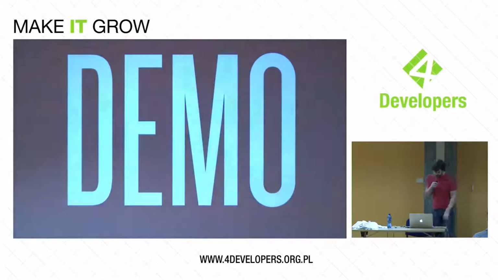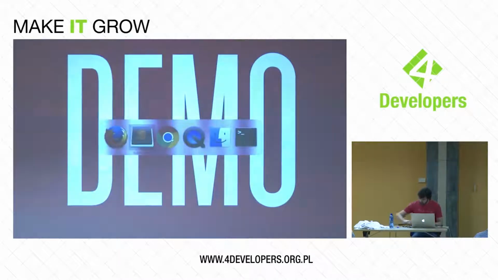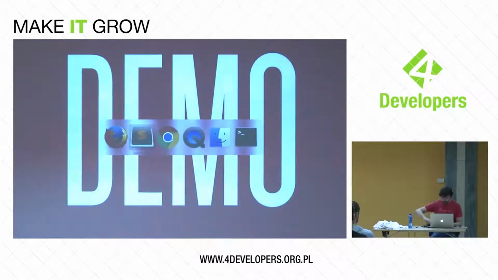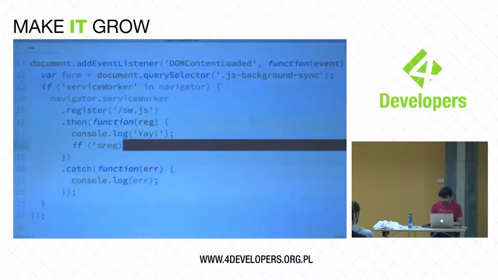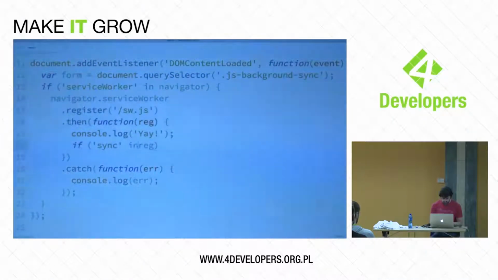So let's use IndexedDB to save the stuff from our message and not send that message in the first place. So I'm going to jump into this part. This is my service worker successfully registered. And I want to check if that registration has, there we go, we want to check if sync is in reg.